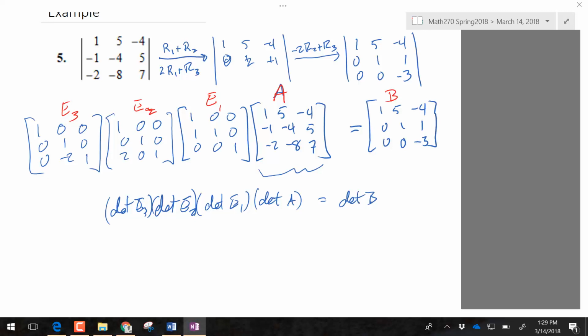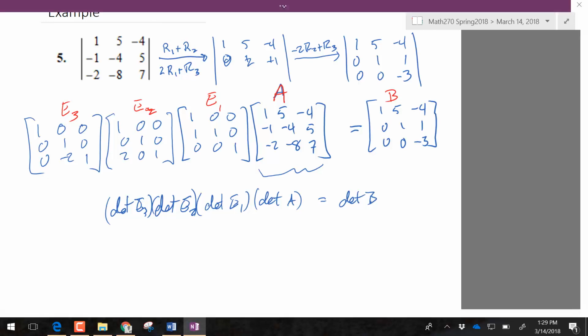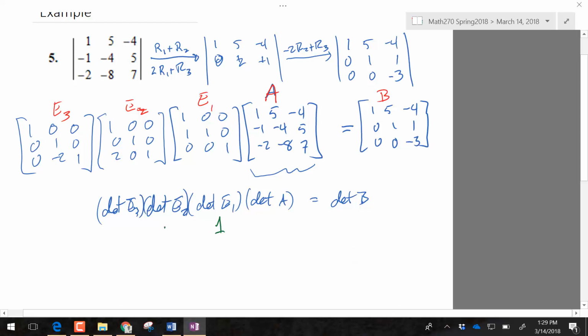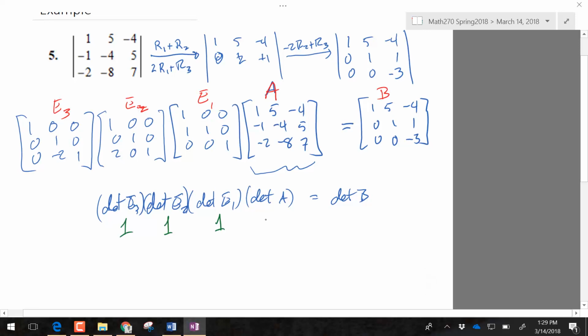What's the determinant of E1? What's the determinant of E2? 1. Right? If I multiplied a row by 2, then it would be 2. But I multiplied a row and then added it. So that process will give a determinant of 1.